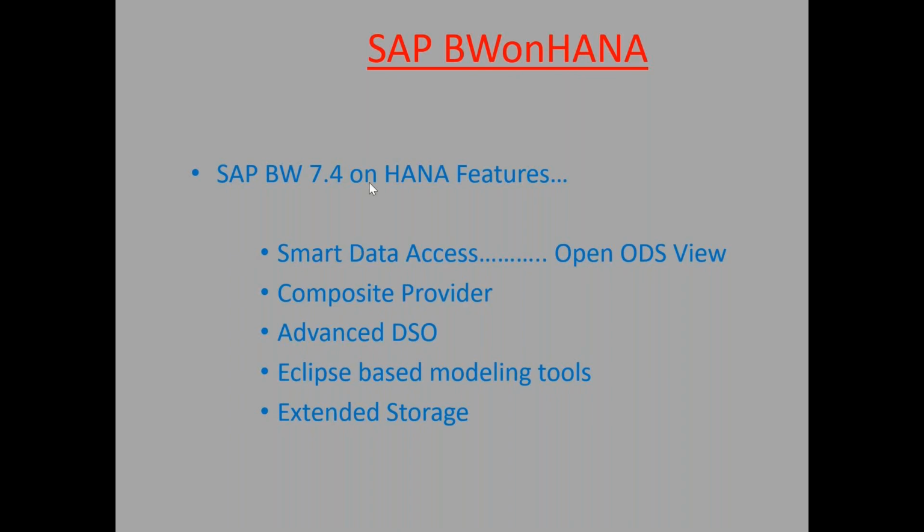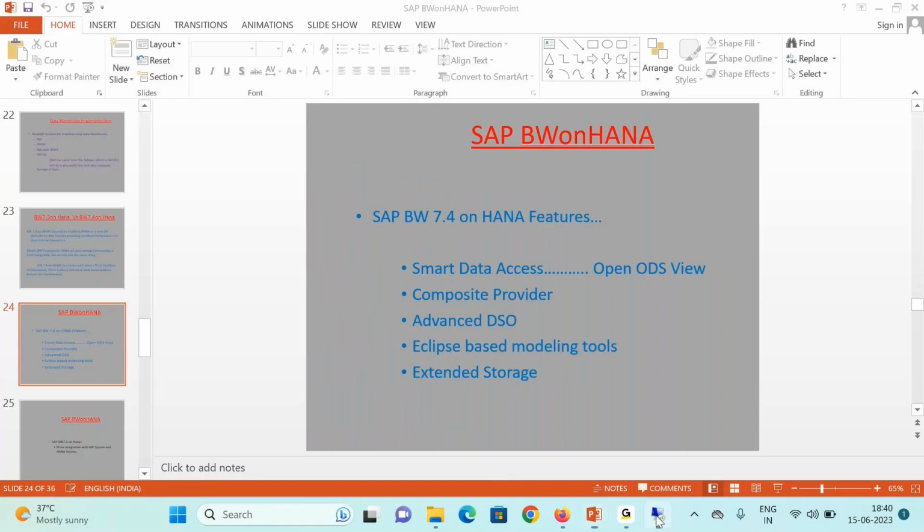For that, we use something called Open ODS, which is a new HANA optimized InfoProvider, a relatively similar concept to the virtual provider. Look at this here, we have something called a virtual provider.